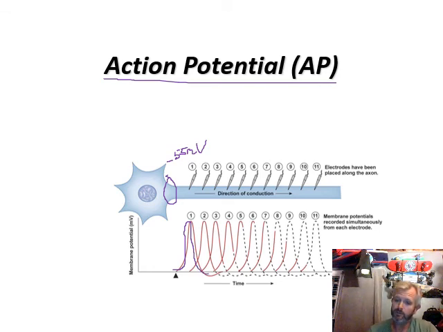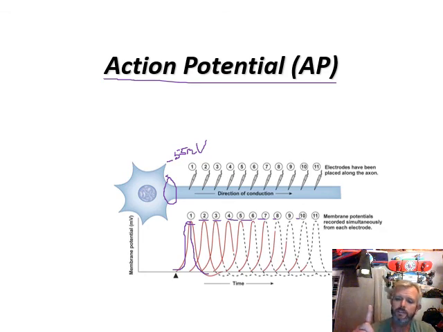Remember, the difference between action potential and graded potential was that graded potentials can be big, small, or even medium. What do you see with the action potential? If you measure an action potential all the way down, they are all of the same strength. They are not graded.